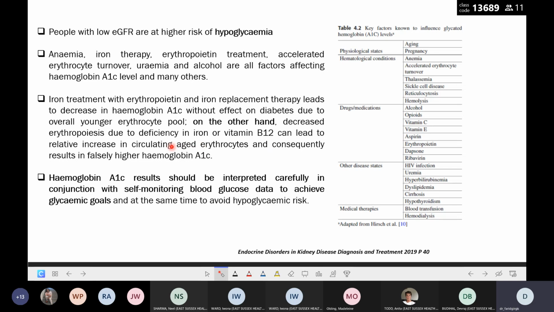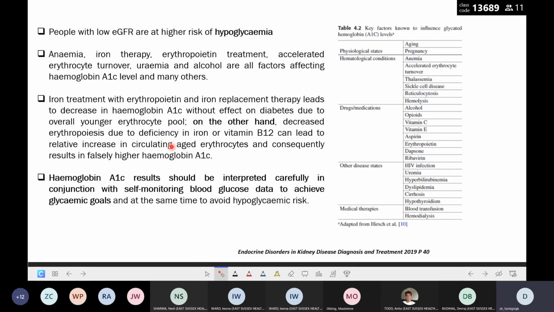And I got a letter from one of the GPs recently saying to me that hemoglobin A1C of the patient is high all the time, but in reality, all the home readings by the self-glucose monitor are low, and the patient goes into hypoglycemia. So what to do?